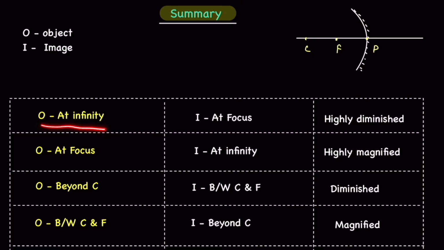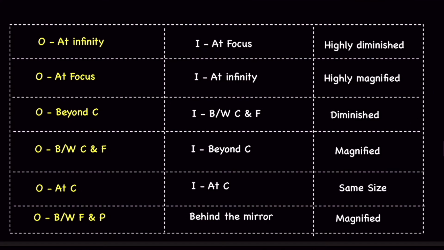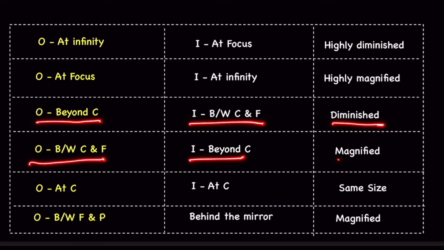Initially when the object was at infinity, image was at focus, but when the object is at focus, image is at infinity. Second, you will notice that initially it was highly diminished, now it is highly magnified. Similarly, when the object is beyond C, image is between C and F and it is diminished. When the object is between C and F, image is beyond C and it is magnified.